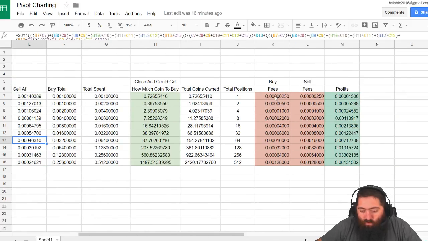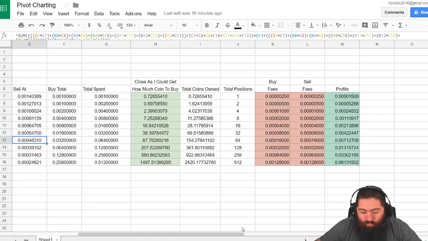The fees are 0.25% on each buy and sell on Bittrex. Poloniex has a little bit different fee setup, but I set this one up for Bittrex because that's what I use.